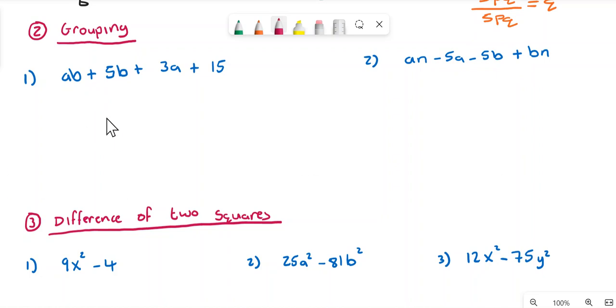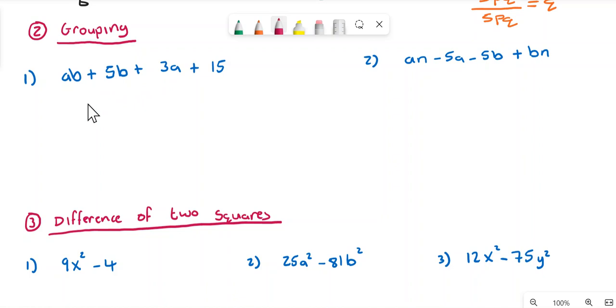Okay, so this method here, the grouping method, how will you know when to use it? Well, generally you'll be given an algebra expression like this that has at least four terms in it, and sometimes it can have less than four.